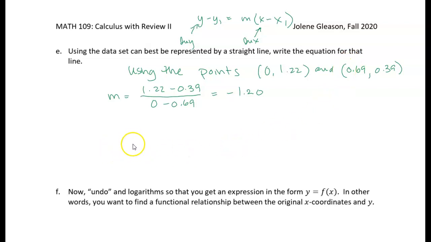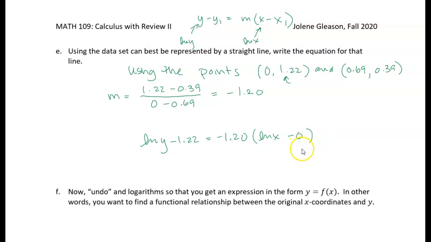So I'm going to say the natural log of y minus 1.22 is equal to the slope, minus 1.20, times the natural log of x, since the x-coordinate of that point is 0.